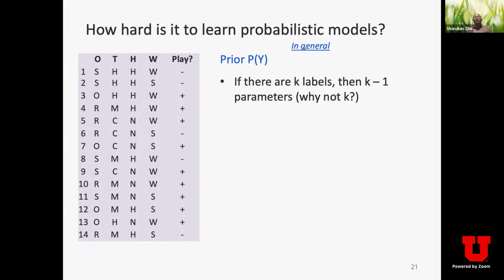So now let us consider a general case. Suppose we're doing a K-class classification problem. That means there are possibly K labels. So to determine the prior probability, we're going to use K-1 numbers, because the last one you can get by subtracting the summation of all the other probabilities from 1.